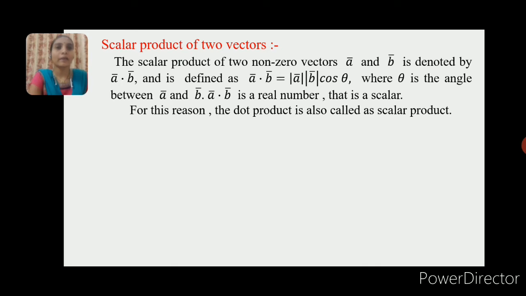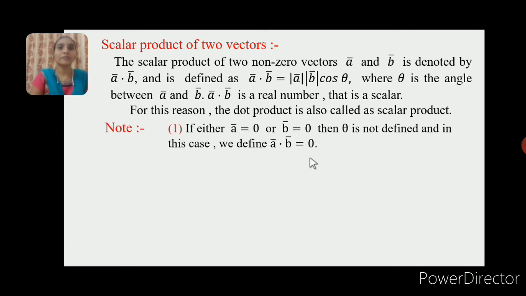A bar dot b bar is a real number, that is, it is a scalar. For this reason, dot product is also called scalar product.